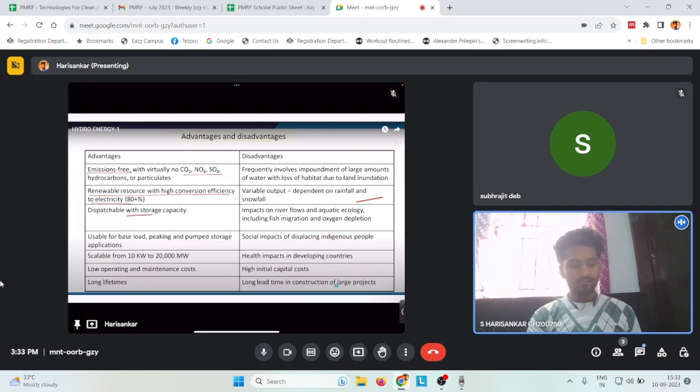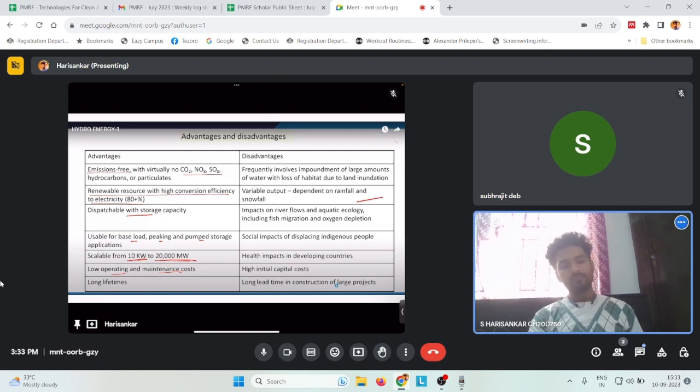It is dispatchable with storage capacity. It is usable for base load, peaking and pumped storage applications. The main advantage is that it is scalable. You can generate energy from 10 kilowatts up to 20,000 megawatts. And once the system is built, the operating and maintenance costs are very low. Usually these projects have long lifetimes of decades, or maybe even centuries.